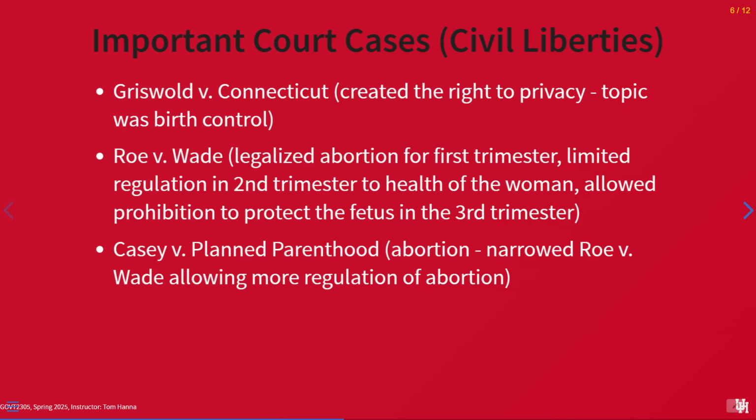So while it narrowed the time frame a little bit, changed the thing away from this trimester time frame, and allowed more regulation, it also required that the regulation not place an undue burden on the liberty that was being considered, this right to choose abortion.